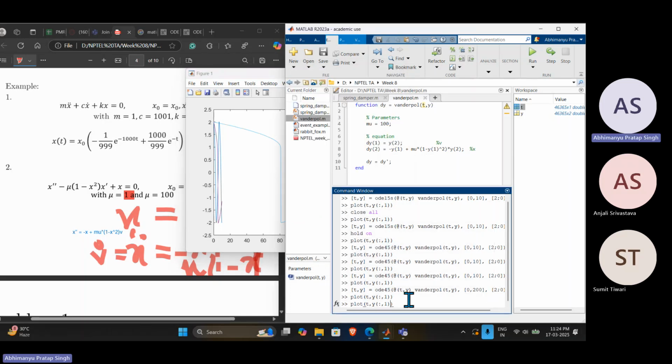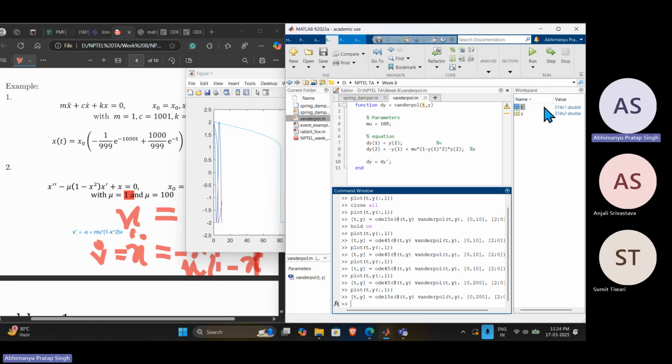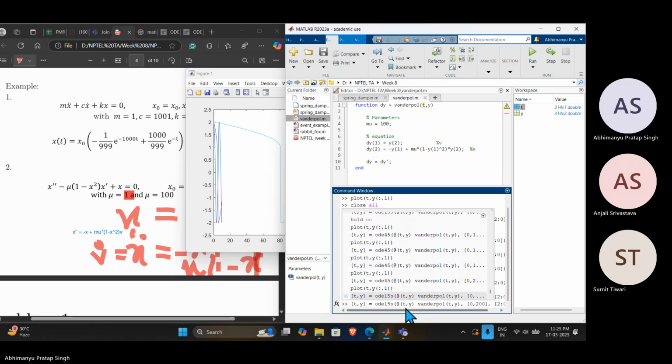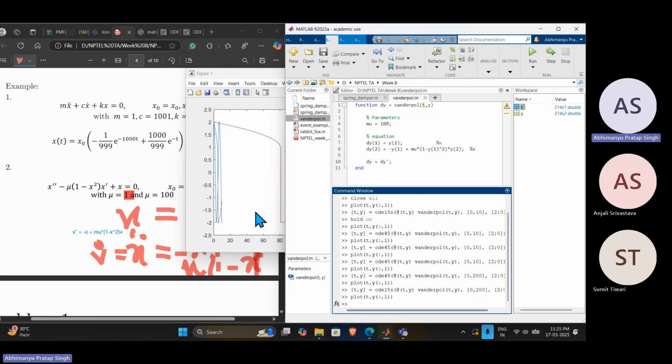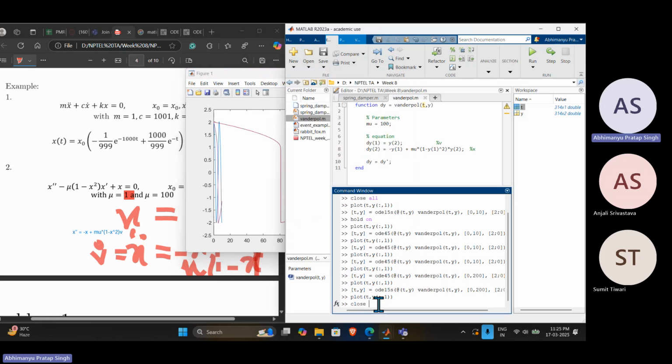And now if I do the same thing using ode15s, I can do the same thing in 314 time steps, and still I'm getting the same solution, right?